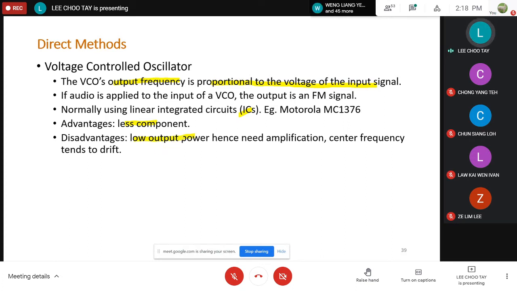But the problem with amplification is the center frequency would then drift. So when the center frequency drifts, that means you won't be able to receive your radio station at the frequency where it's defined. Right, so instead of 88.1, now you may have to tune to 88.15, or 88.2 in order to receive your radio station.